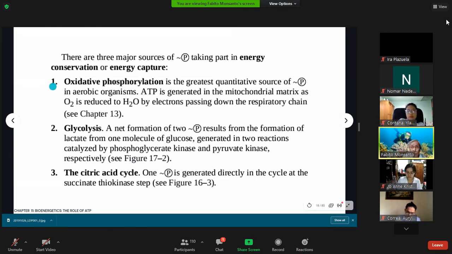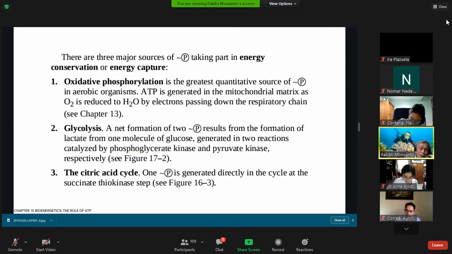You remember in your class in your kindergarten, you were told that there are 2 kinds of respiration. You have external and internal respiration. External, you can observe it, your lungs are expanding and deflating. But your internal, you cannot see it.